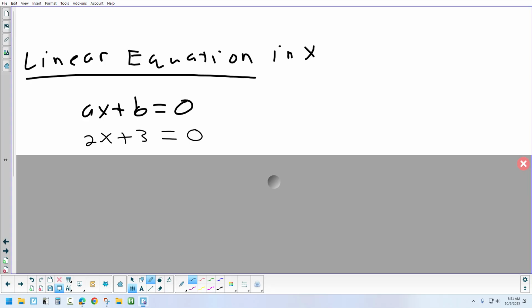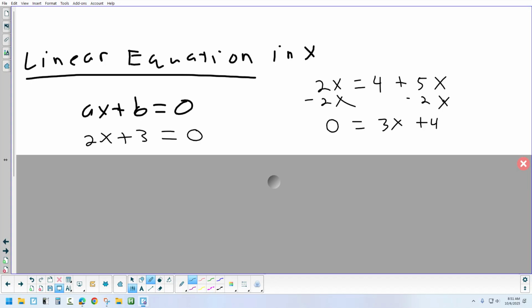Let's say you had 2x equals 4 plus 5x. You might say, well, that's not equal to 0, so that's not linear. Well, if we could rearrange it, then it still could be. I could minus 2x from both sides. And I get 0 equals 3x plus 4.